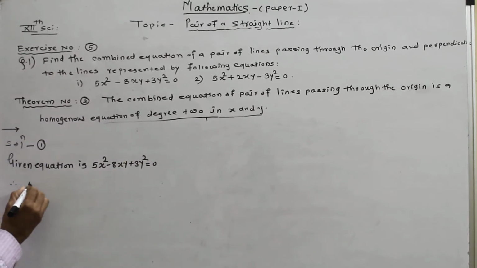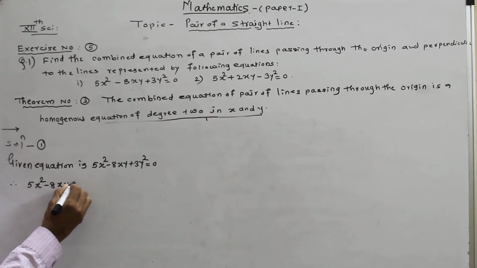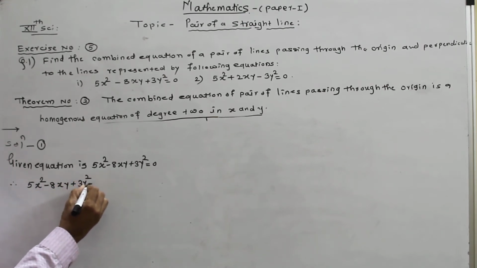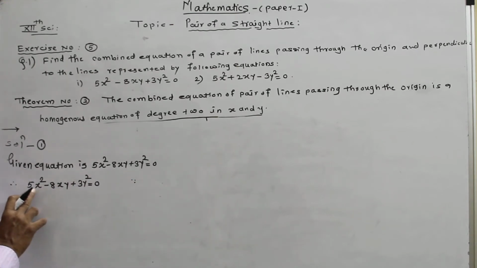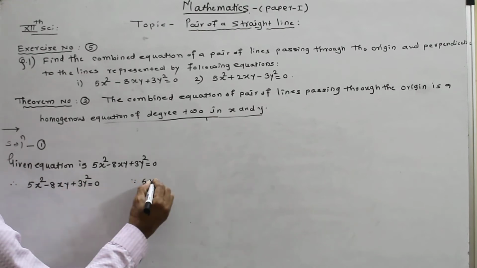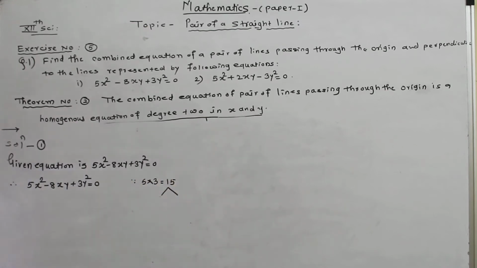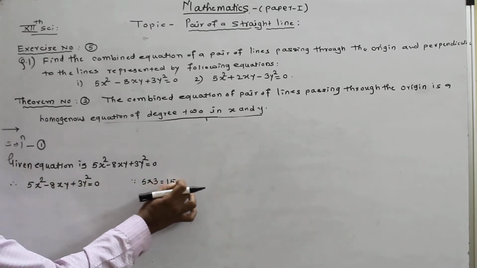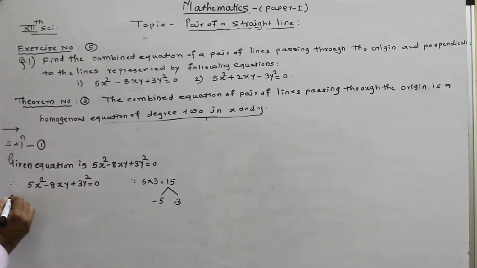Now solve this equation and find the separate equations of the two lines by factorization. Here the coefficient of x square is 5 and the coefficient of y square is 3, whose product is 15. Now choose such numbers whose product is 15 but sum is minus 8.